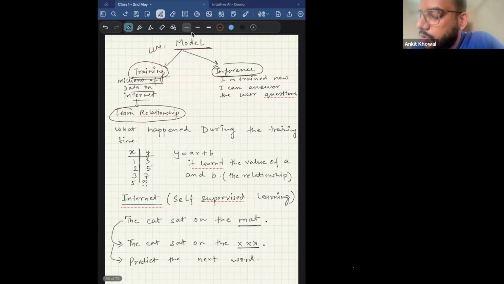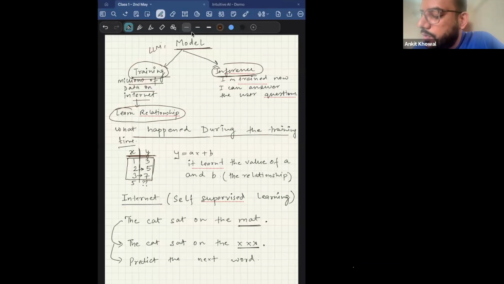It's very similar to, when we say it learns the relationship, you can keep the same analogy in mind that X and Y were the input to the model, right? In our neural network example, 1 gives the value 3, 2 gives the value 5, 3 gives the value 7, right? So this is our training data. So during training, what did the model learn?